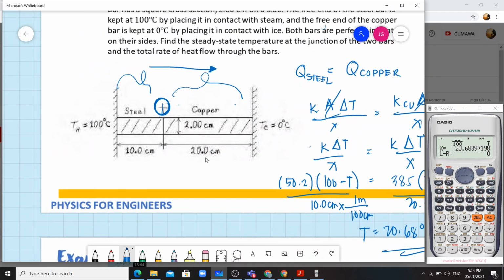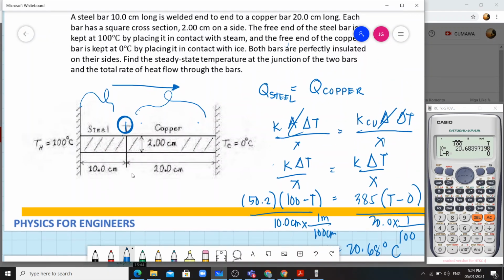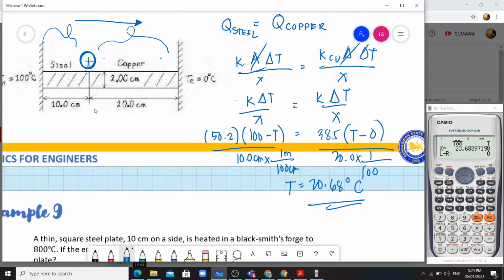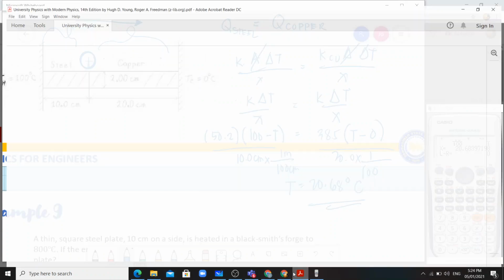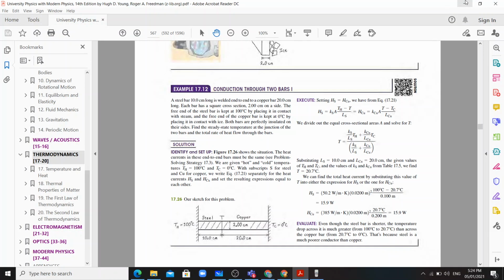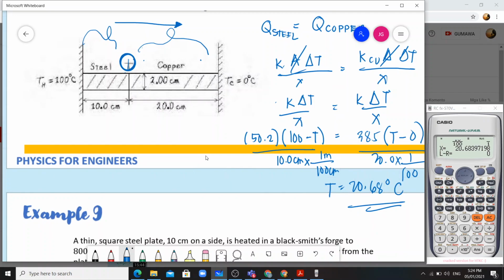Ngayon, ang hinahanap is yung total naman. Okay, yung total. So, i-add lang natin sila. Ano ba yung Q ng steel? Ang Q ng steel is 50.2, 100 minus 20.7 times 2 centimeter squared over 100 squared.